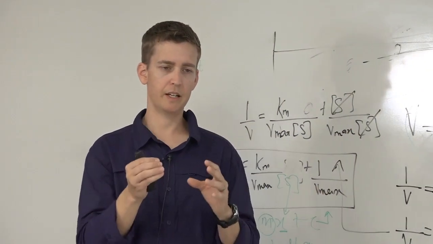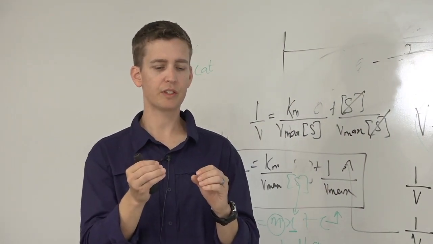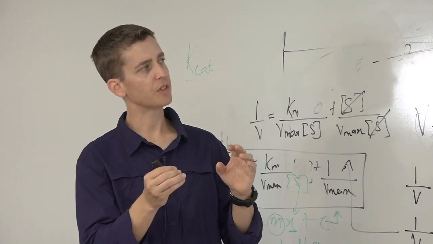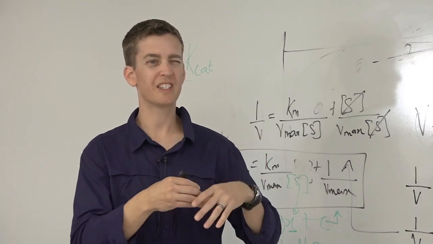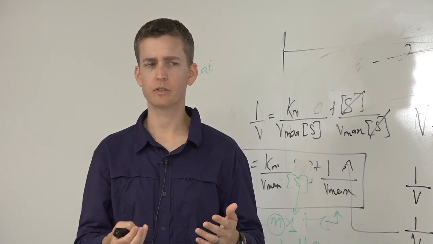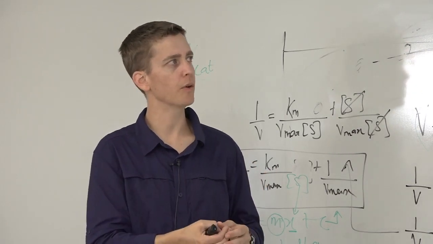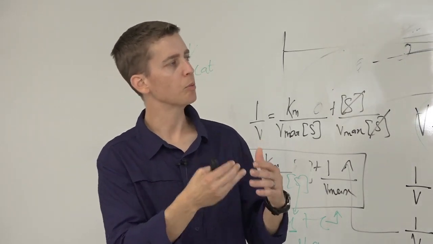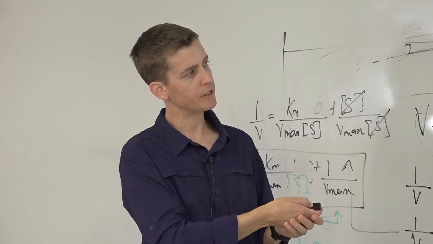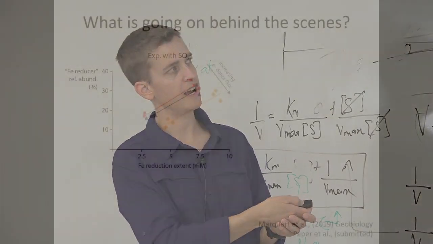And then we can take those results and say, which of these groups is at least capable of iron reduction? Can't prove that that's what they're actually doing, but which ones are capable of that? And we compared that to the amount of iron reduction that happened.